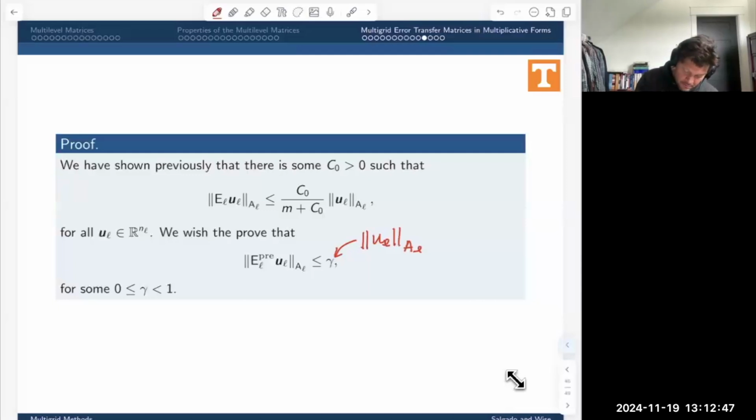So either we can show that EL pre in the operator norm is less than gamma, or we can show this for all UL. So I think I need to add that. Okay. They're effectively equivalent. So this is what we're going to try to prove, with this correction added in: gamma times the AL norm of UL. We want to show that.